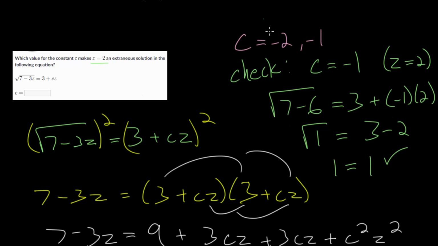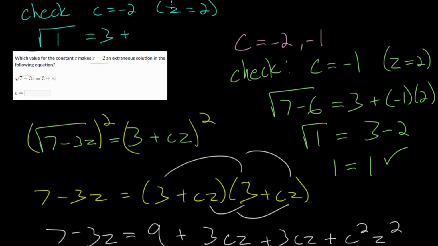But at this point, we just need to check that c is equal to -2. And it should be our extraneous solution since it's the only one left out of the two. So we will check when c is -2, and of course z is still equal to 2. And plugging that in, we get the square root of 7 minus 6 again, so I'll just write that as square root of 1. And now we get 3 plus c, which is now -2, times z of 2.